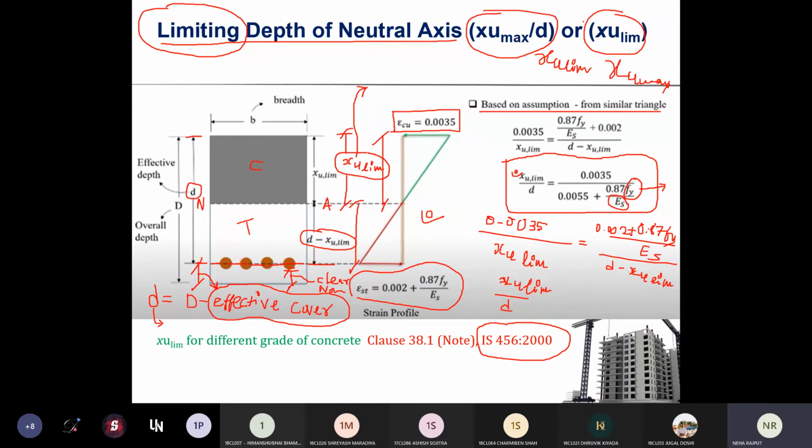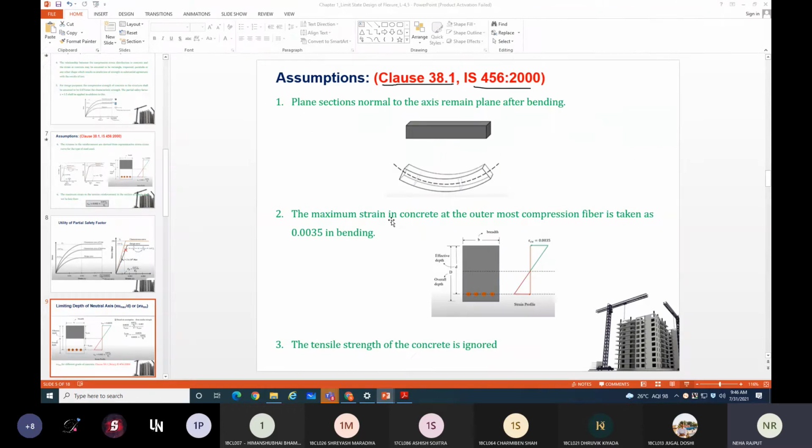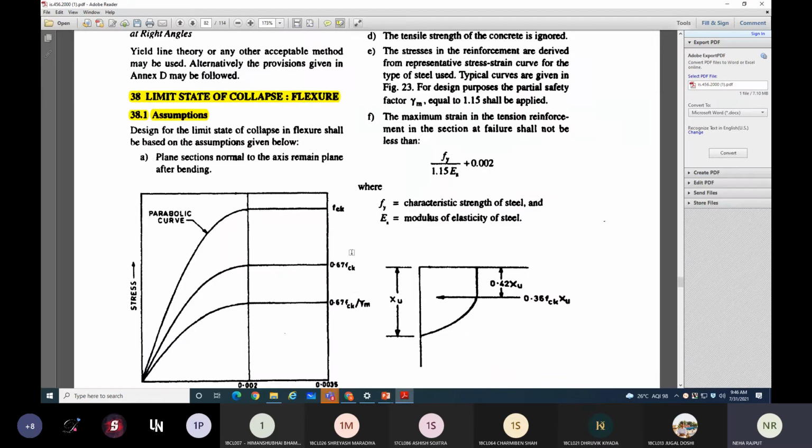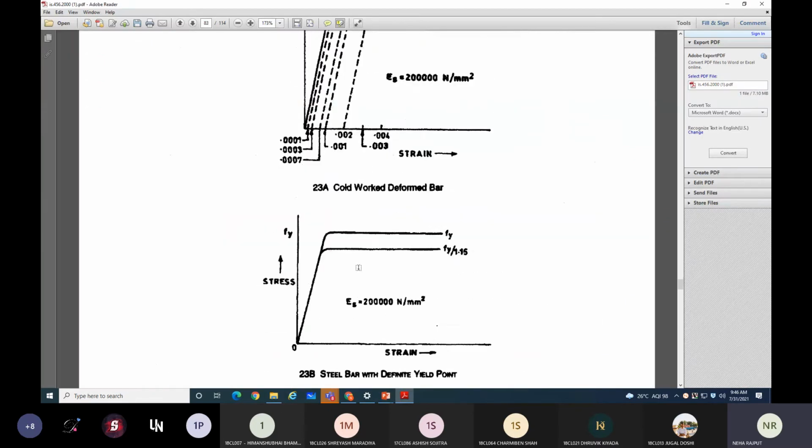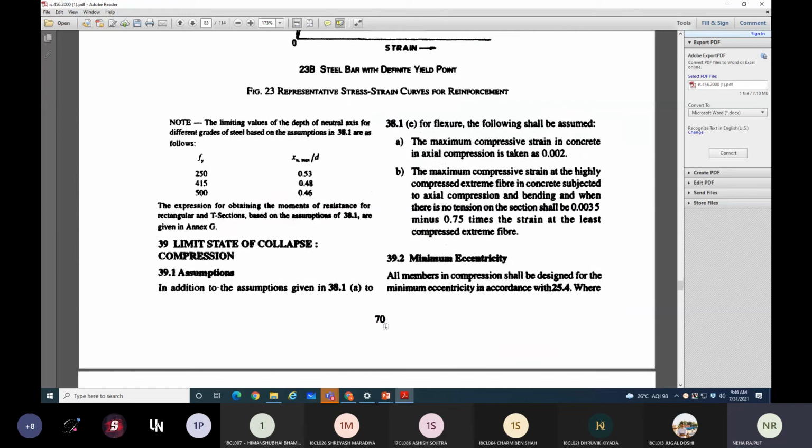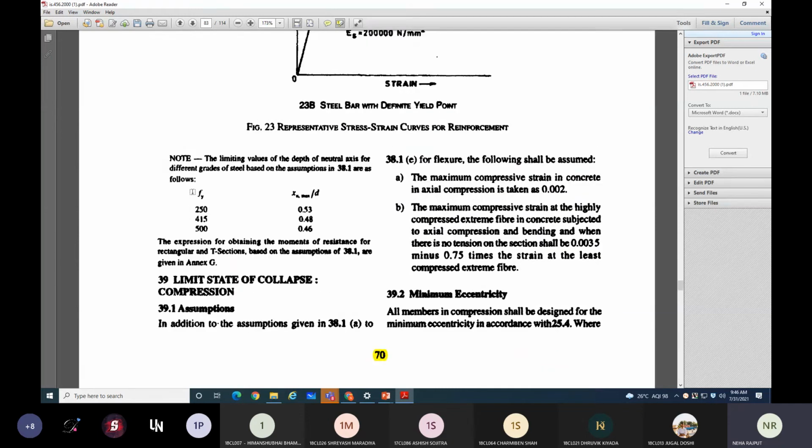The limiting value of depth of neutral axis is given in IS 456 clause number 38.1, and in that also a note. So I am opening this 38.1. This is my page number 70, where depending on the fy value, the grade of steel value, the limiting values of depth of neutral axis are given.